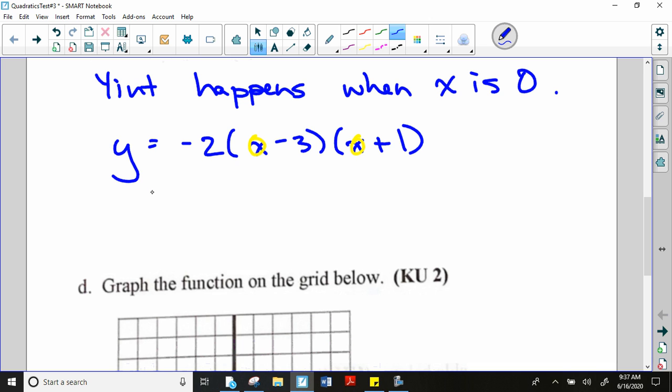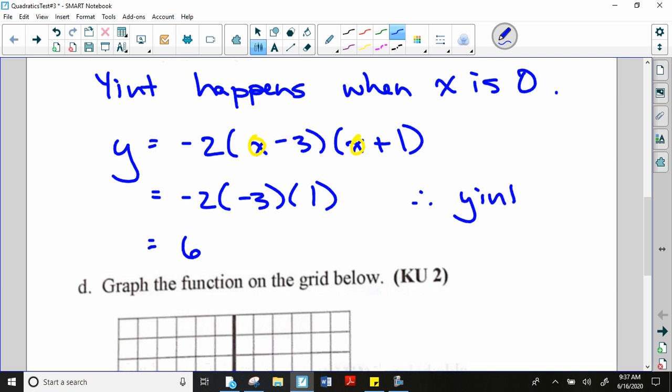So this would be -2, -3, 1. That gives us positive 6. Therefore, the y-intercept is at an x value of 0, a y value of 6.